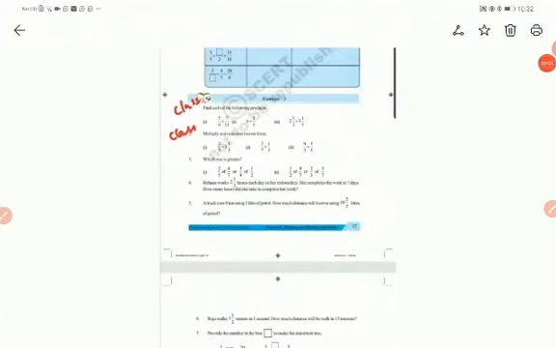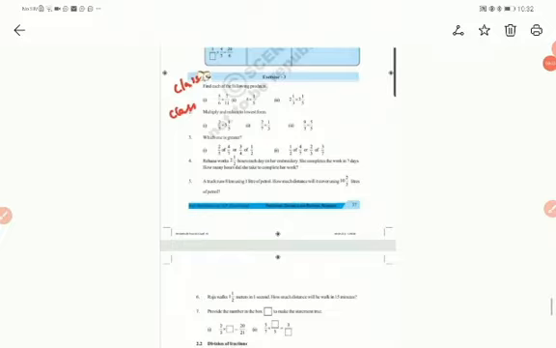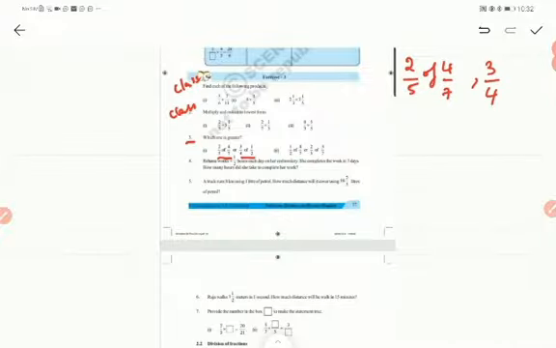Okay, let's do some exercise problems, exercise 3. I'll take this third one. They're asking which one is greater, this one or this one. The number given is 2 by 5 of 4 by 7, and the other number to be compared is 3 by 4 of 1 by 2.